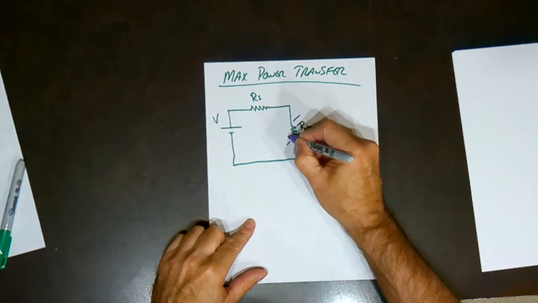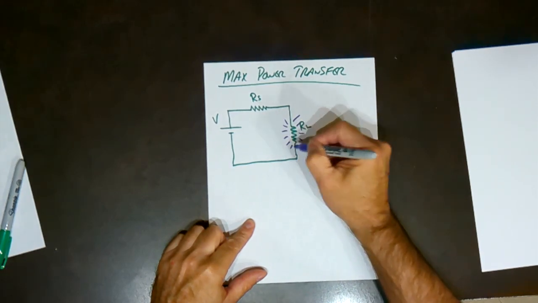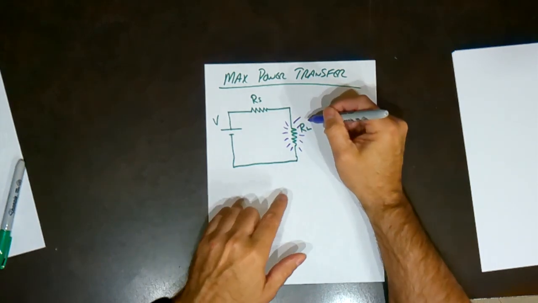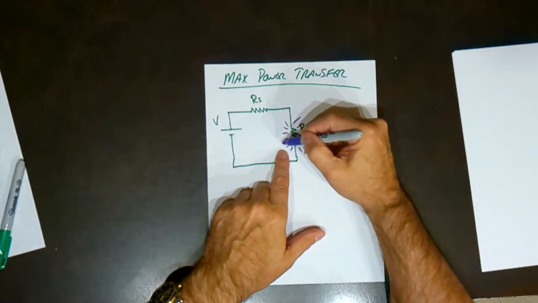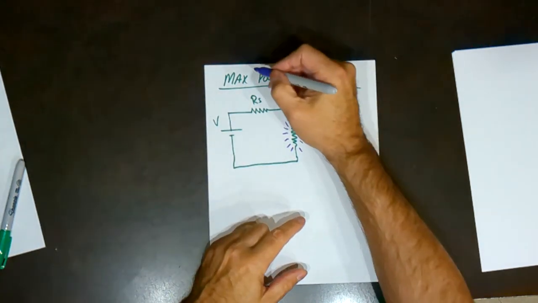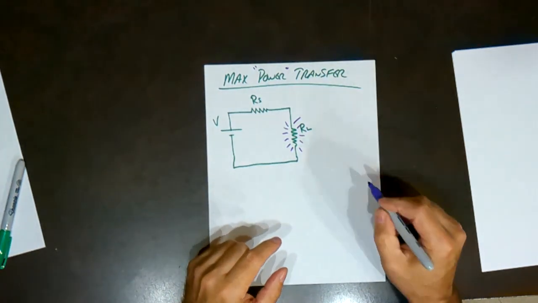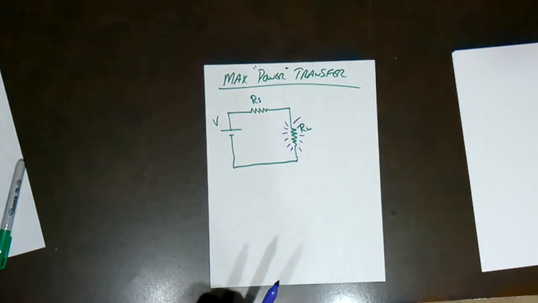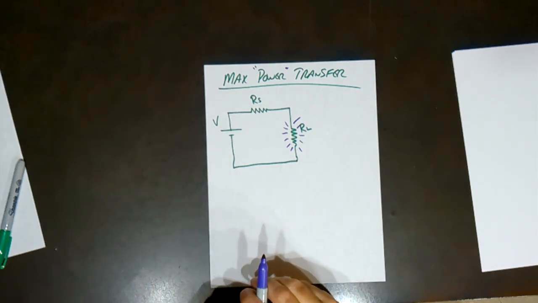So from the circuit, maximum power transfer is the ability to maximize the amount of power, not current, not voltage, but the combination giving us power, the maximum amount of power that can be delivered to the load for any circuit.